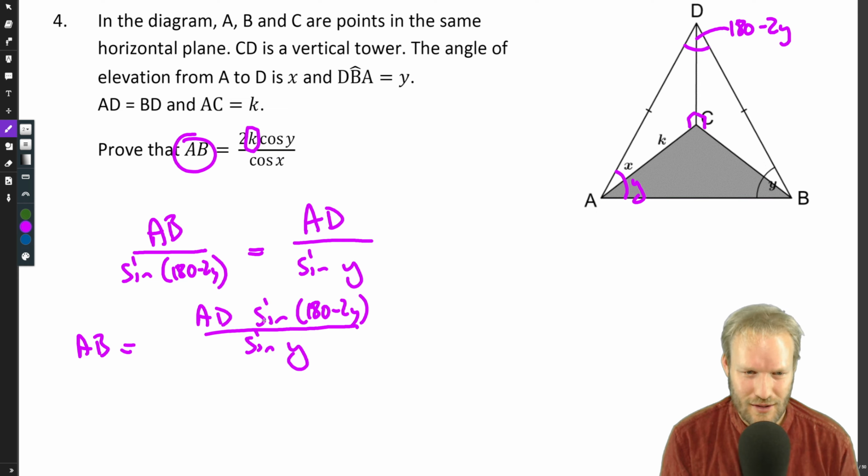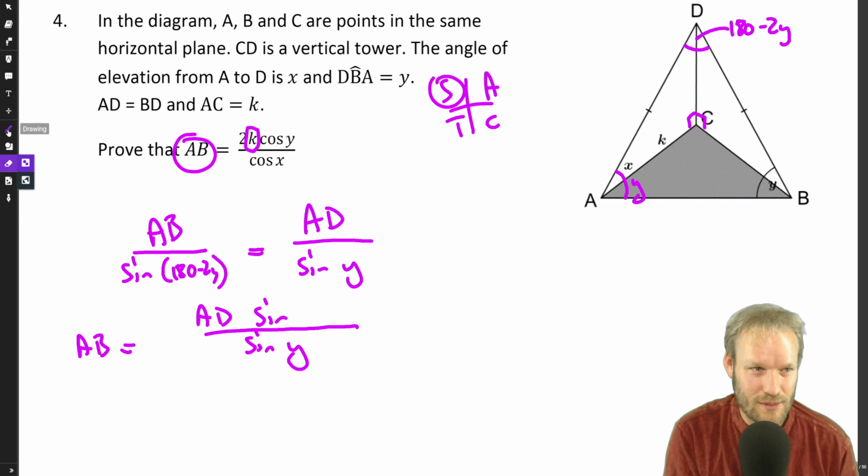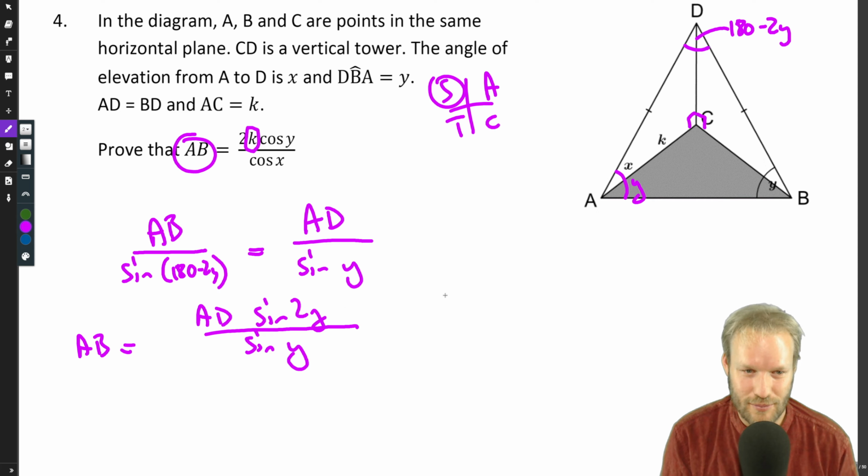Now, sine 180 minus 2y, we've done something like this, CAST diagram, second quadrant, that's just the same as sine of 2y. So I'm going to simplify it here so we can keep a lot more in play.